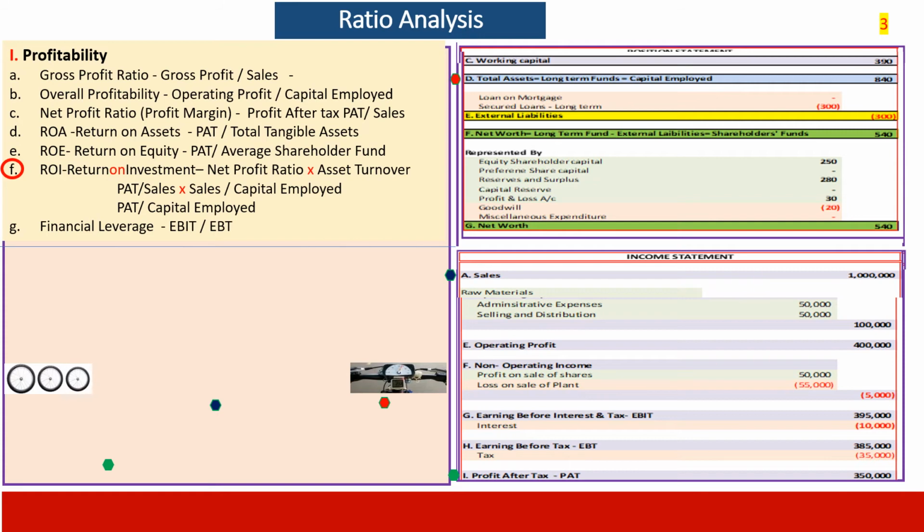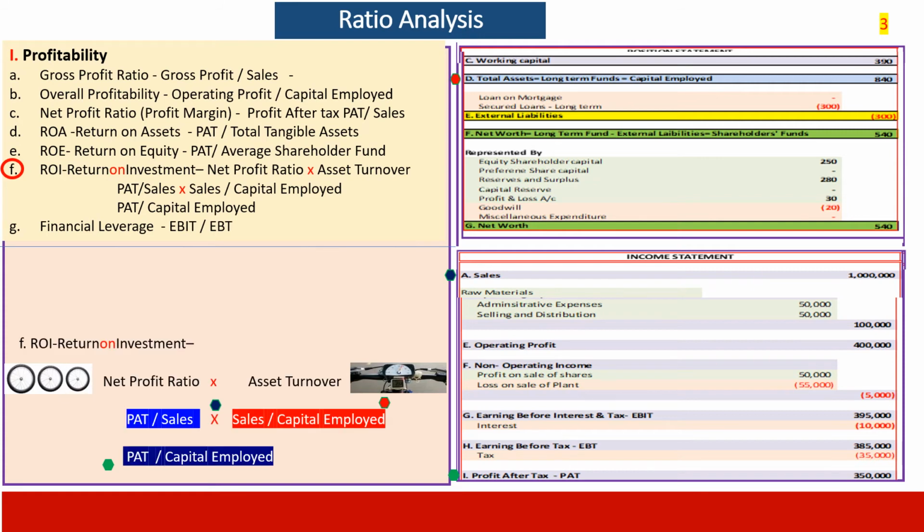Then we have this particular ratio, return on investment. You should focus on this for the simple reason that it is a product of two ratios: profit after tax divided by sales, which is nothing but the net profit ratio.